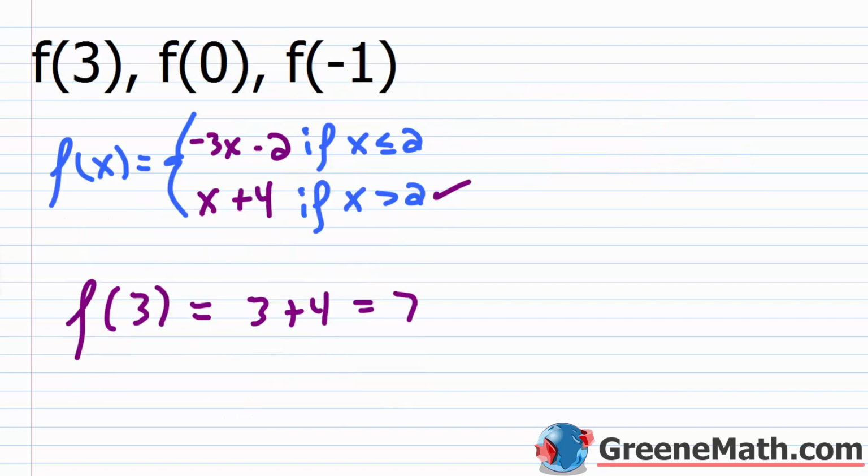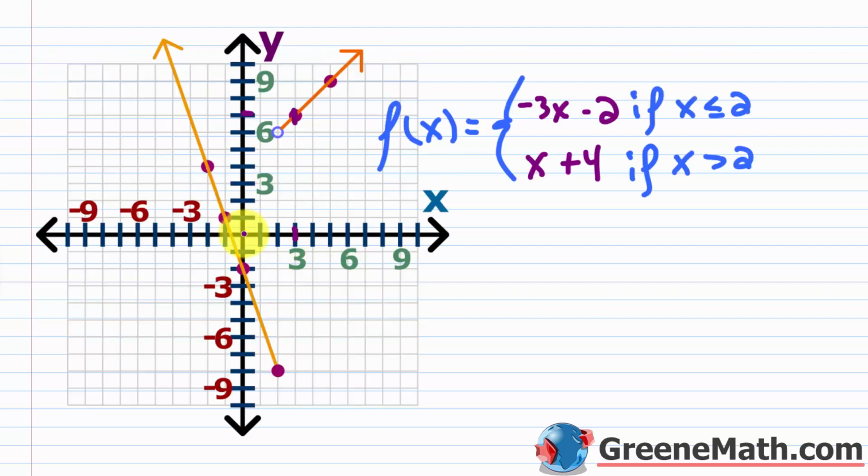Then we look at the next one, which is f of 0. So now I'm in the category of here, which is less than or equal to 2. So I have negative 3 times 0 minus 2. Negative 3 times 0 is 0, so I just have negative 2. And I can verify that when x is 0, I do have a y value that's negative 2, right? That's negative 2 right there.